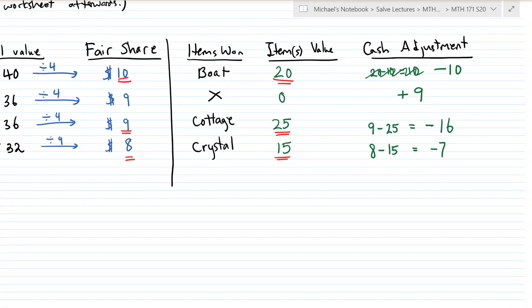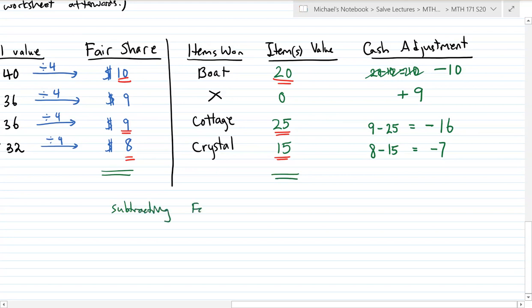Okay, so you see that we can just subtract the fair share from the item value to get the cash adjustment value. And so if you want to, you can think of it in terms of this kind of formula.